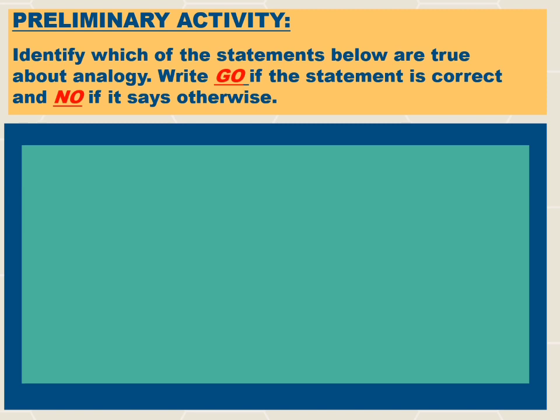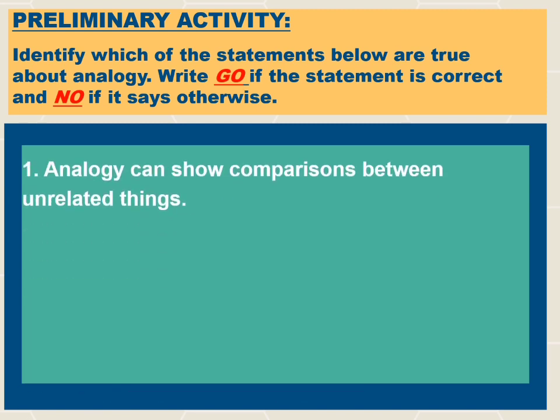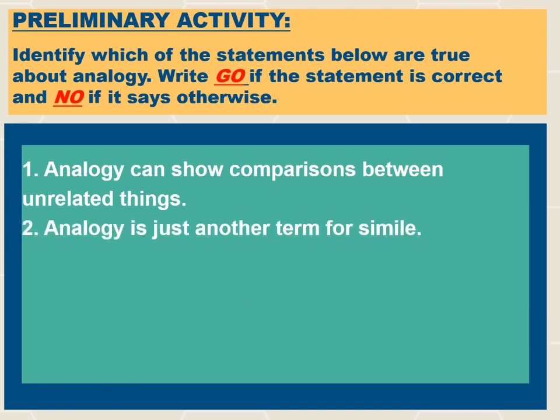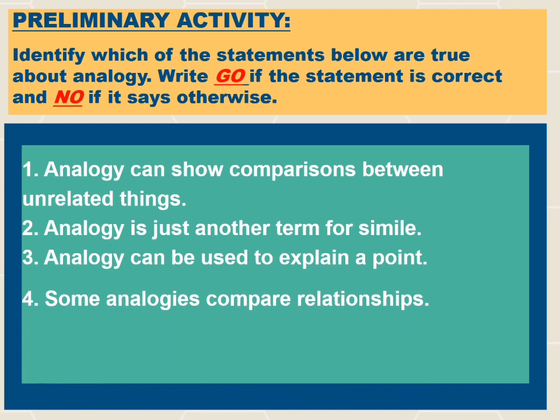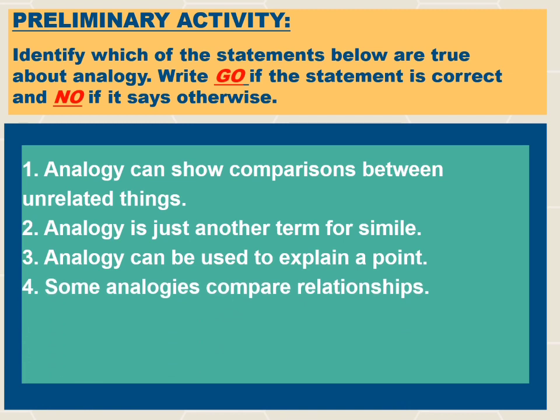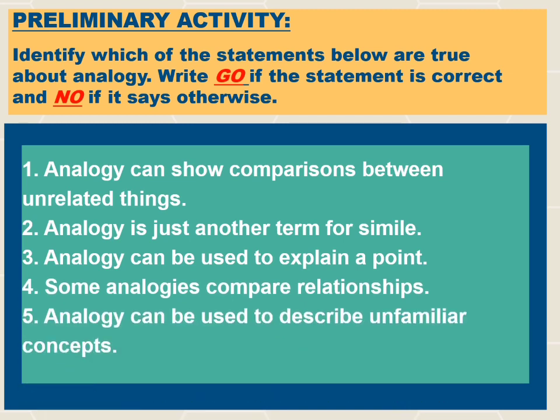Let us begin. Number 1. Analogy can show comparisons between unrelated things. Number 2. Analogy is just another term for simile. Number 3. Analogy can be used to explain a point. Number 4. Some analogies compare relationships. And number 5. Analogy can be used to describe unfamiliar concepts.